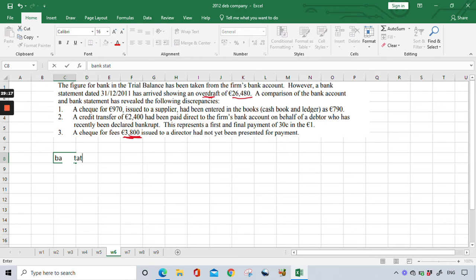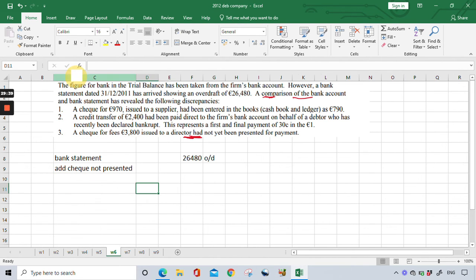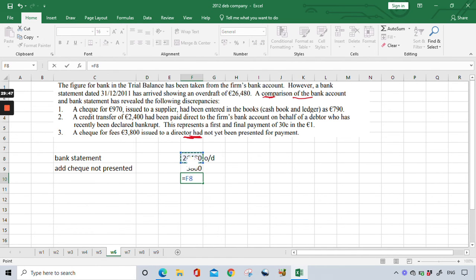So bank statement is 26,480 overdrawn. We're going to add check not presented, because basically our overdraft is going to increase by 3,800. So this is going to be our figure for bank.